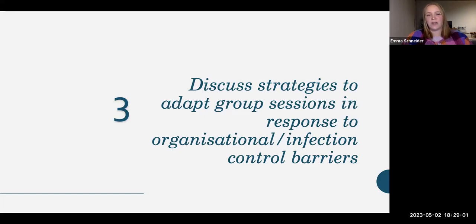Being able to take a step back and look at how we design groups, deliver groups, and monitor groups to make sure they're working as efficiently and effectively as possible is really key. I also recognise that we are not able to run our groups like we did pre-COVID. So we're still having to adapt and monitor, which I also think is exciting in a way, because it gives us that freedom to keep changing in response to evidence and different environmental factors that might make it easier to do.